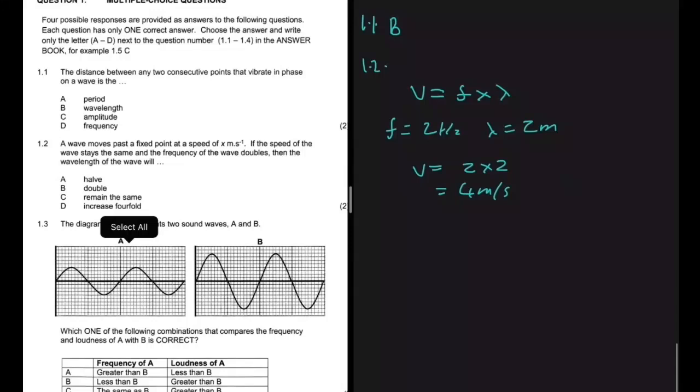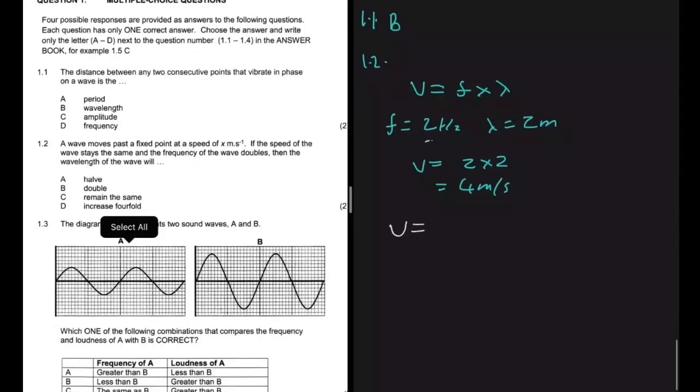But then now it is being said that the frequency has been doubled, but the velocity remains the same. So if the frequency is doubled, then instead of 2, we're going to have 4 hertz, and then multiply by, we need V to still be 4 meters per second. So the wavelength now has to be 1 meter, so that the velocity remains 4 meters per second.